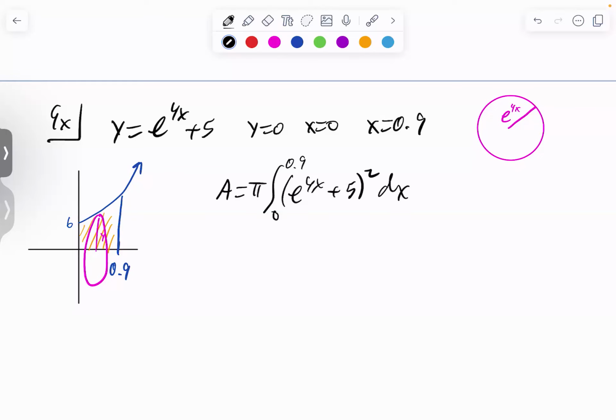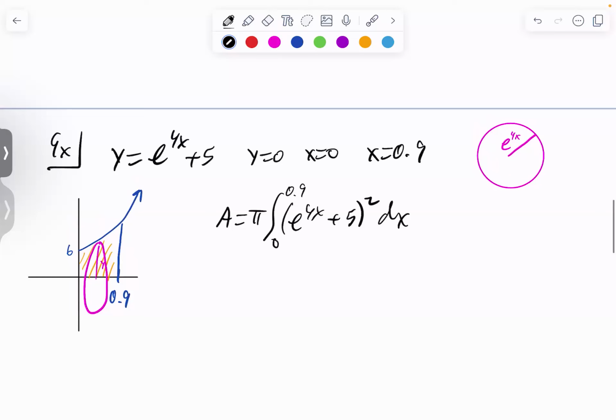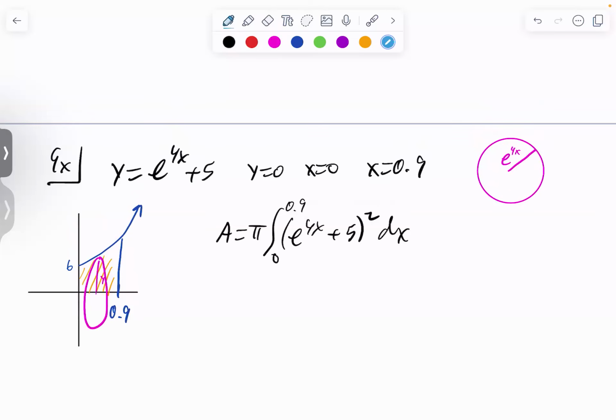All right, we are going to use a rule. Let me just reiterate, we have a rule that says a plus b squared is here, where a in our case of our integral is the e to the 4x, b is the 5.